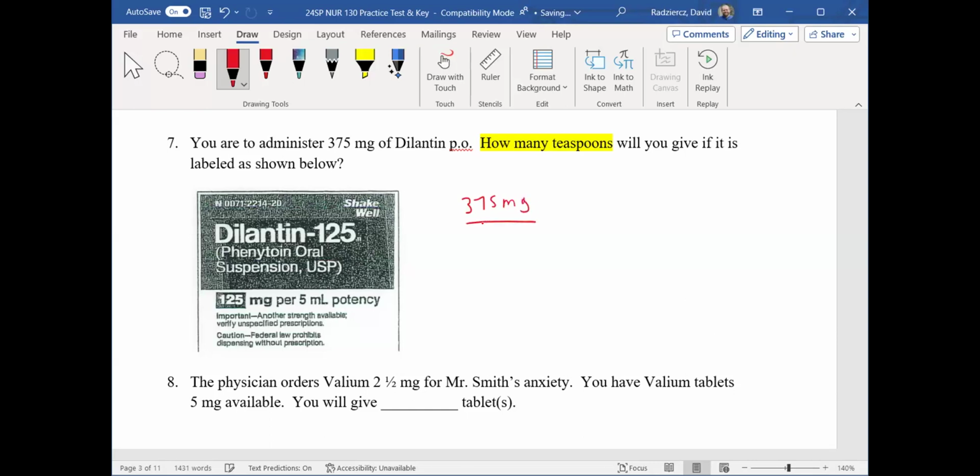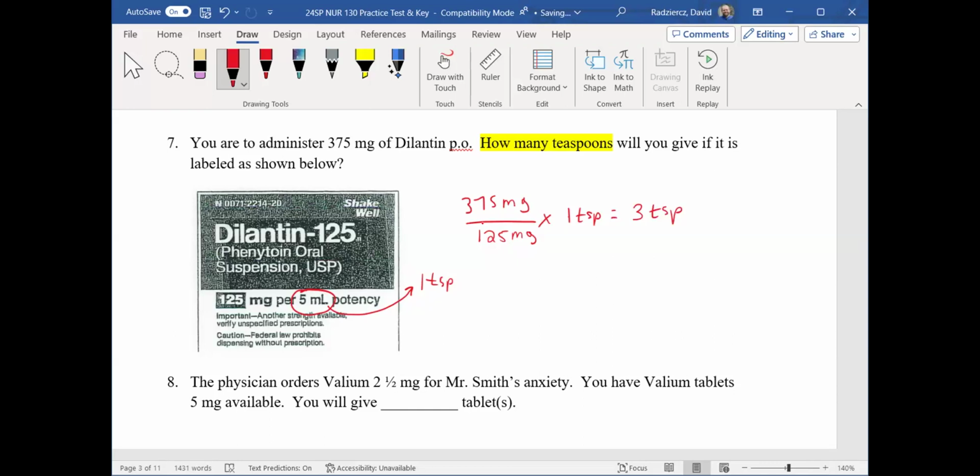My available, 125. And then my quantity. This is where I'm going to show you a shortcut. Instead of writing my available as 5 ml, what does 5 ml equal? 5 ml equals 1 teaspoon. So I'm going to multiply that by 1 teaspoon, and I'm going to get 3 teaspoons.